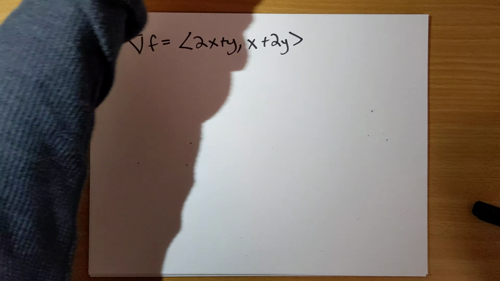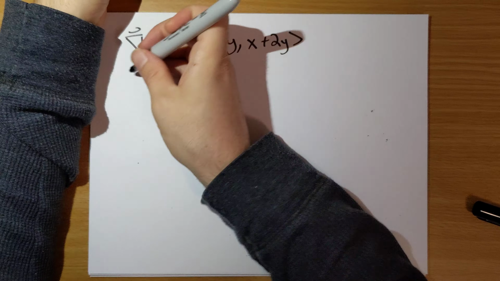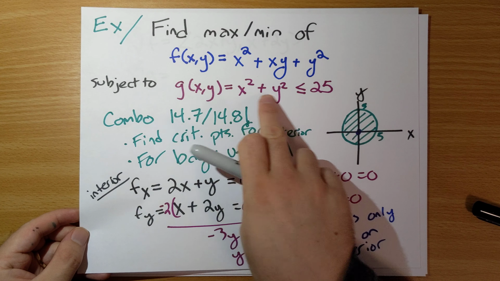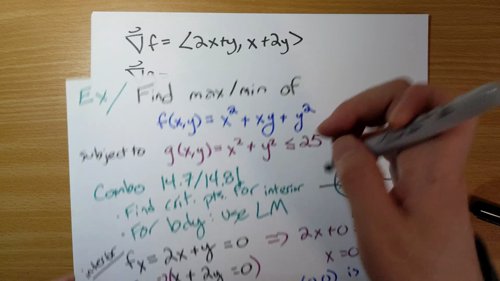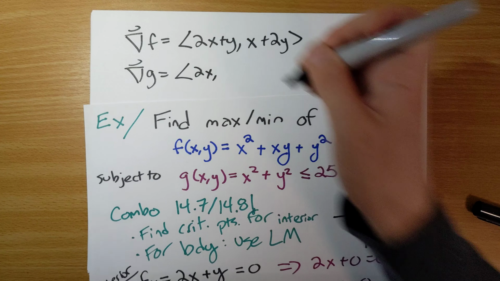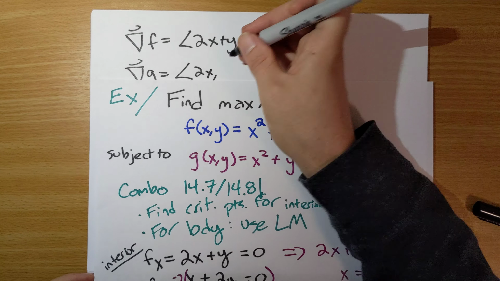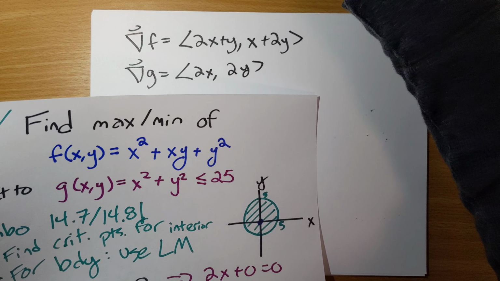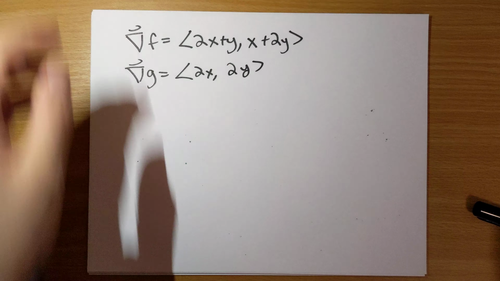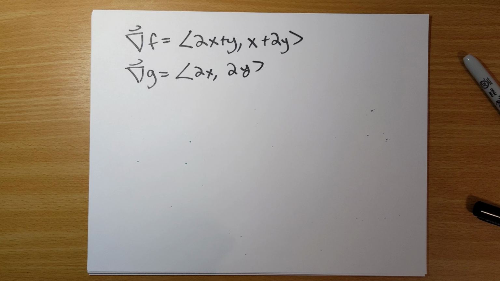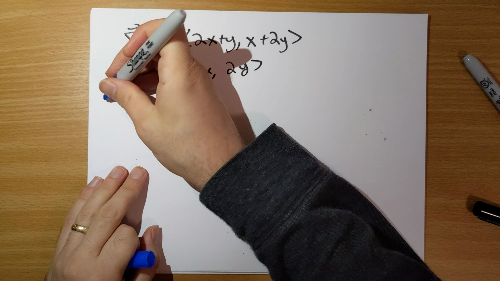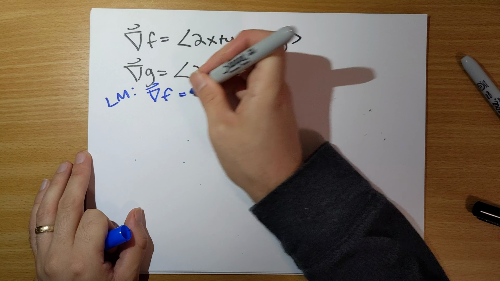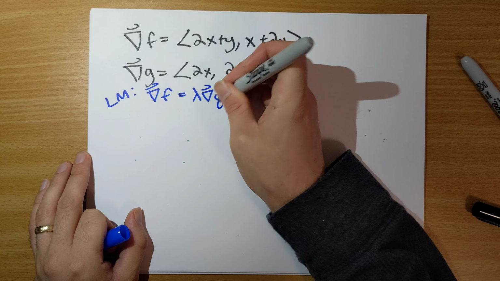And then the gradient of g. The x partial derivative here will be 2x. The y partial derivative here will be 2y. Okay, so at this point then our Lagrange equations: gradient f is equal to lambda times the gradient of g.